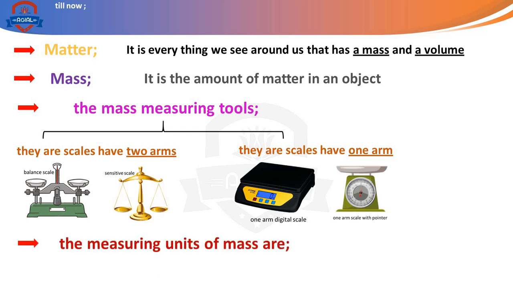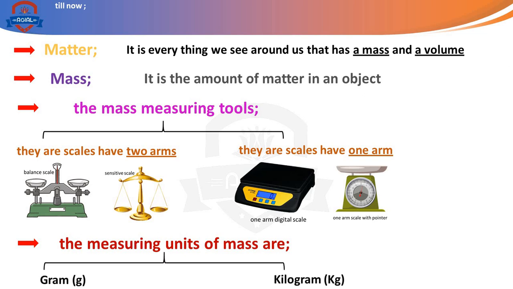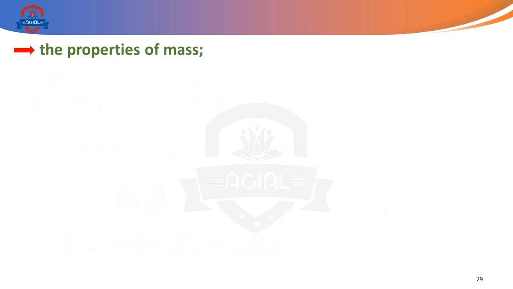And we talked about the measuring units of mass, which are gram and kilogram, and we said that 1 kilogram is equal to 1,000 gram.